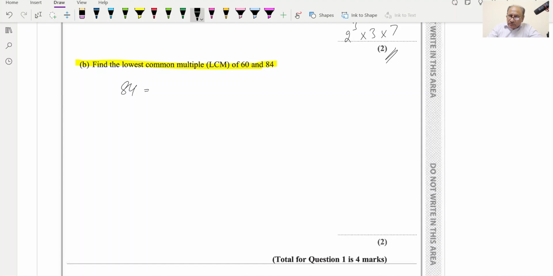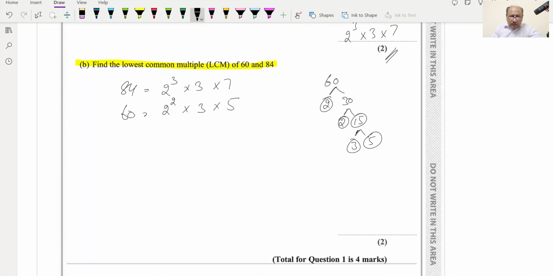We know from the previous part that 84 is 2 squared into 3 into 7, and for 60 we can write 2 into 30 by the factorization tree method, or you can use the division method, whatever you like. So I'm doing the tree method, so this will be 3 into 5, and 60 will be 2 raised to the power 2 into 3 into 5.